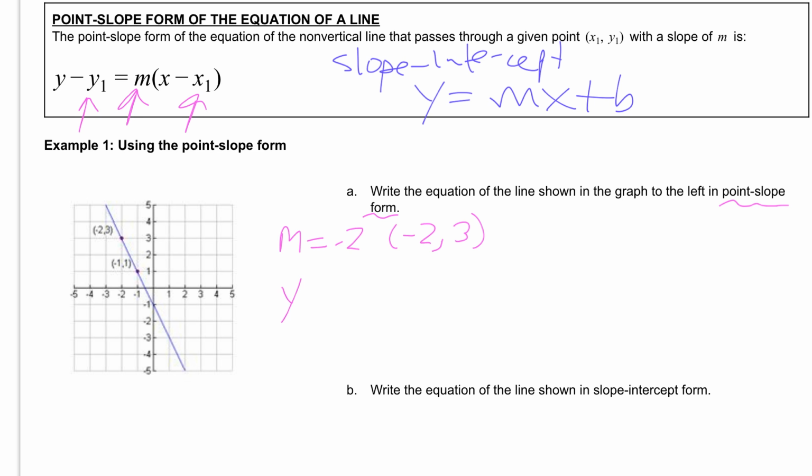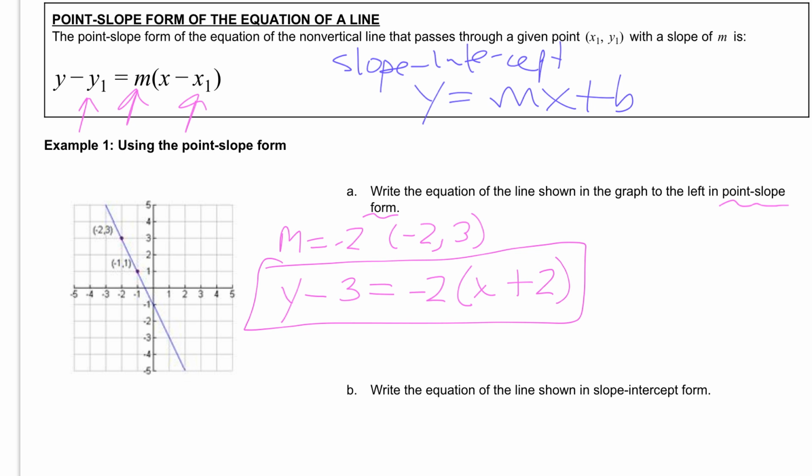So I get y minus the y-coordinate of my point, which is 3, equal to my slope, which is m, or in this case -2, times x minus my x sub 1. Since my x sub 1 is -2, I am subtracting a -2, which changes this to a +2. And that's it. This is my equation in point-slope form.